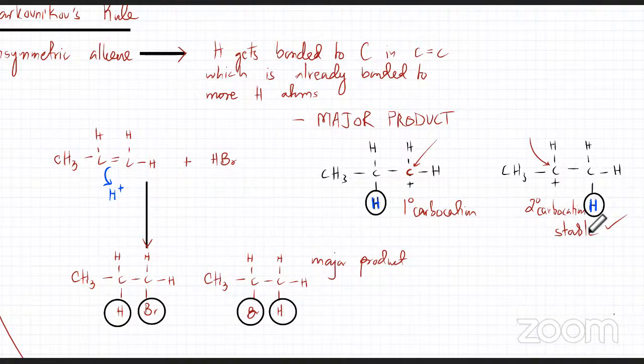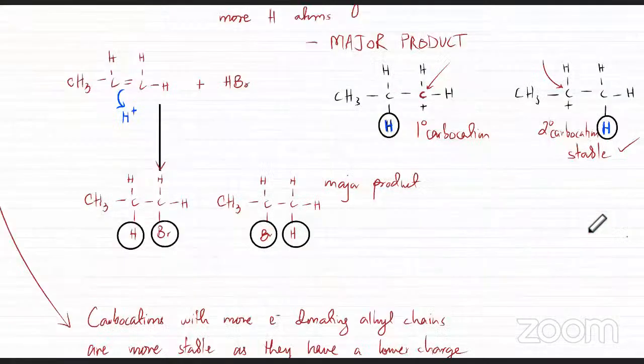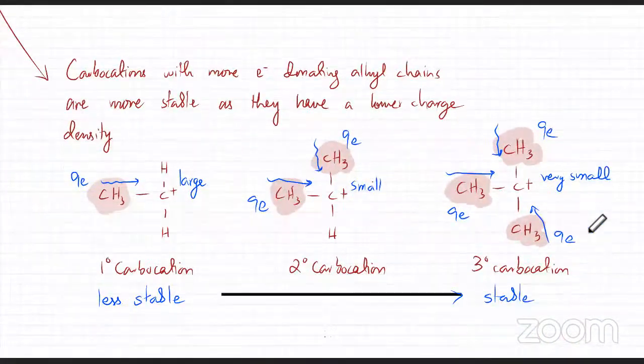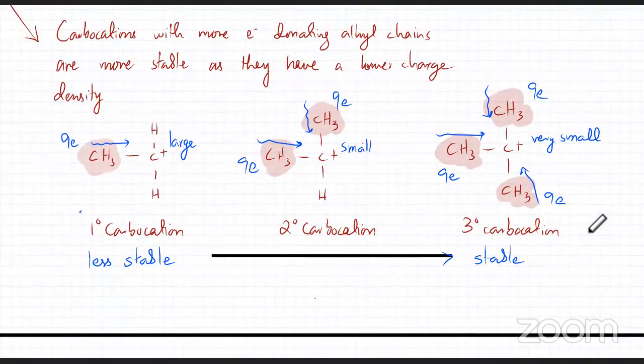Higher degree carbocations are more stable, and remember, in A2 they're going to ask you about this as well, about carbocation stability. Carbocations that have more electron-donating alkyl chains are more stable. The ones more surrounded by carbon chains, like a 3 degree carbocation, are surrounded by carbon chains on all sides.